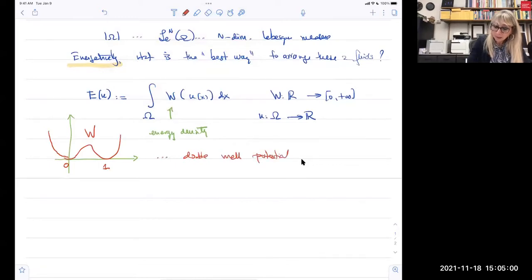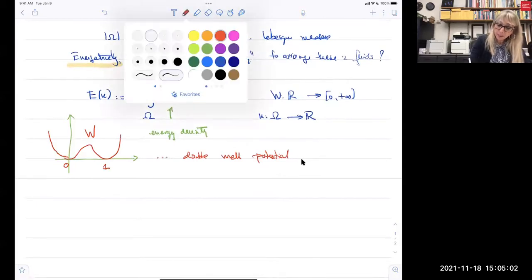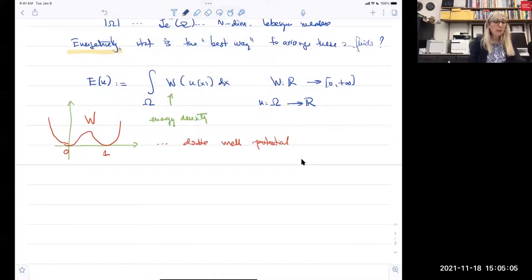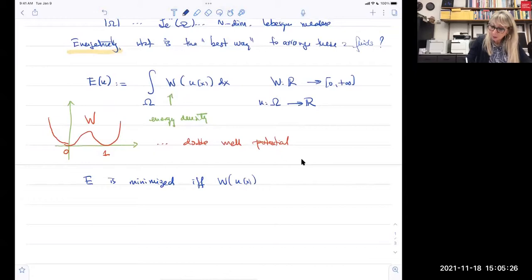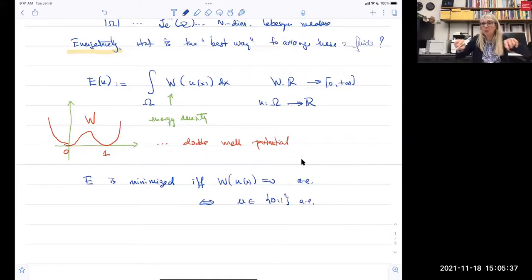And you can see that obviously, if I do that, then the energy E will be minimized if and only if, of course, W of u is 0 almost everywhere, which is equivalent to saying that u takes the values 0 and 1 almost everywhere, right? It should be at the bottom of the wells.